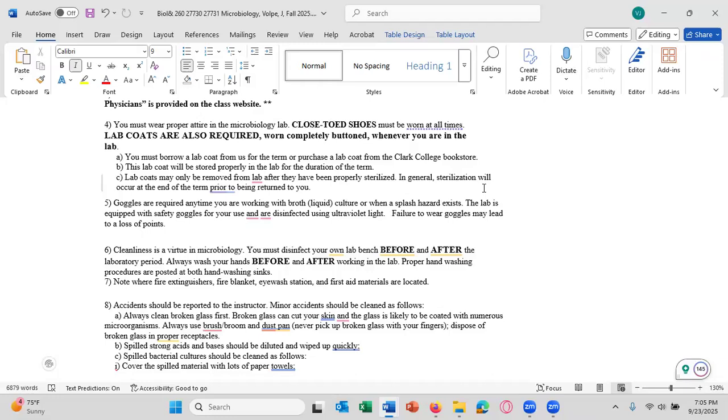Cleanliness is a virtue in microbiology. You must disinfect your lab bench before you begin your work. So after you come into your lab, put on your lab coat, put on your gloves, walk over to your lab bench. You should clean off the lab bench with disinfectant and paper towels. And then before you go, after you've done your work, you should also clean off your lab bench to remove any microbes that your work may have dropped on the lab area where you've been working.